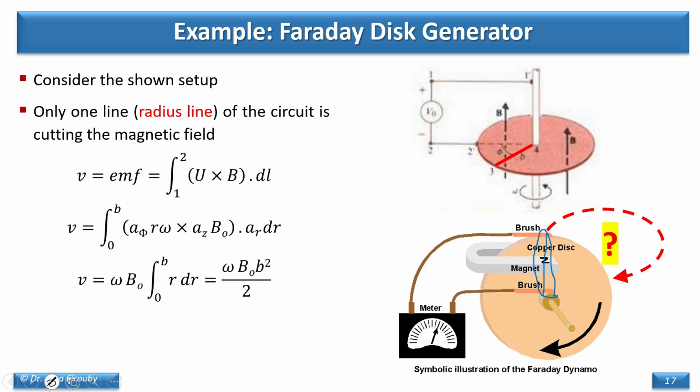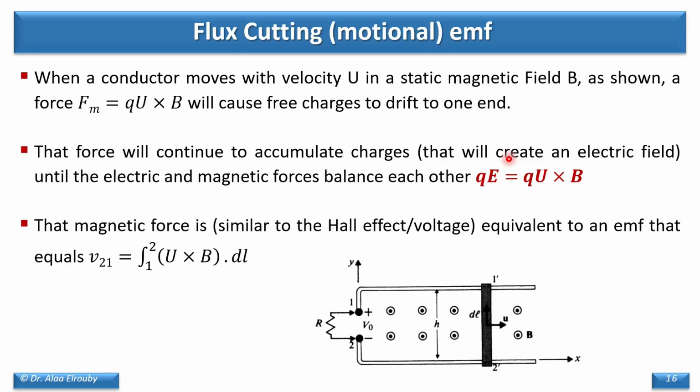If we consider just this radius line, this radius line will cut the magnetic field. So it's very similar to this case, but it is a radial movement rather than a linear movement.